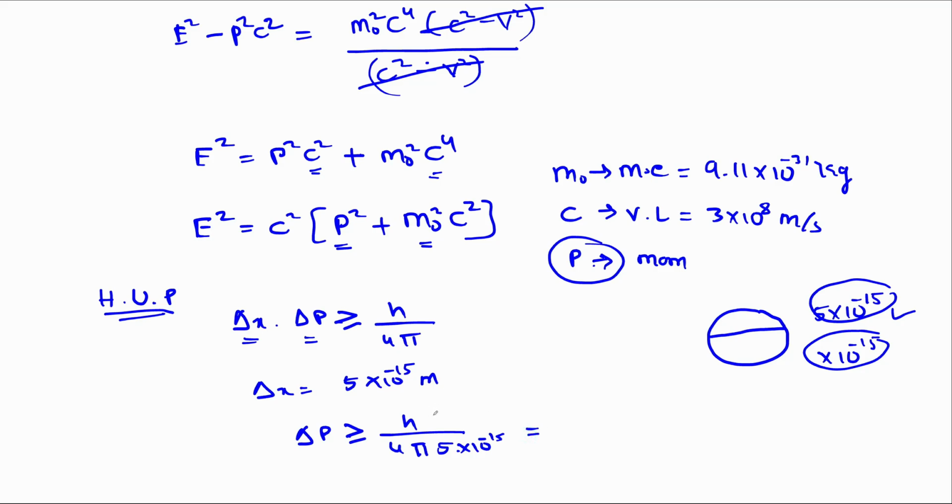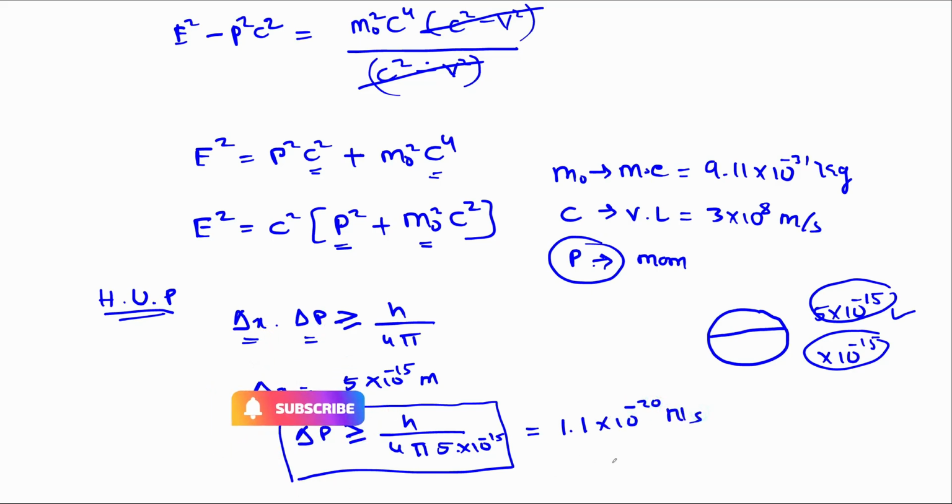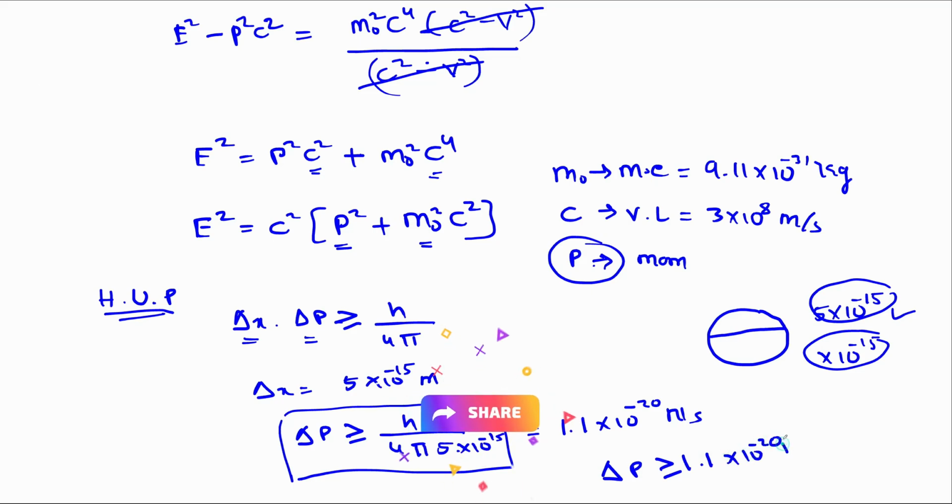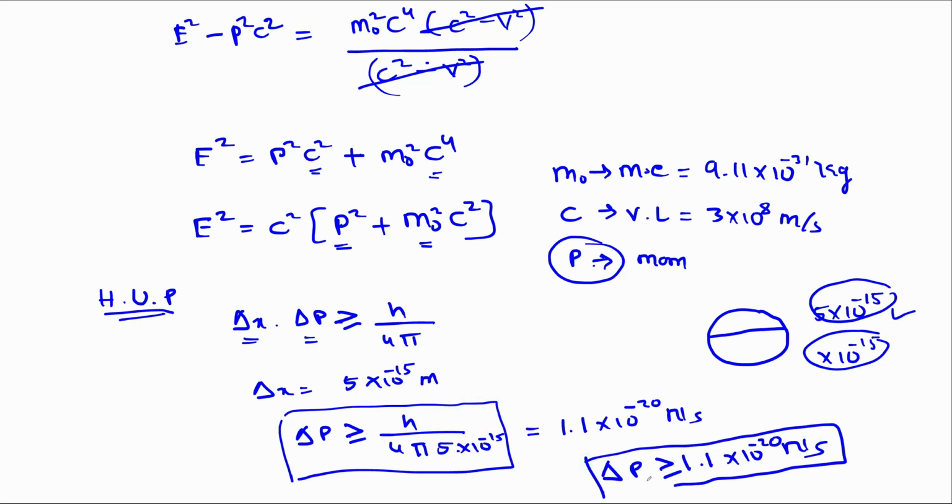Once we calculate this, delta p is greater than or equal to 1.1 into 10 to the power minus 20 Newton second. This is the momentum.